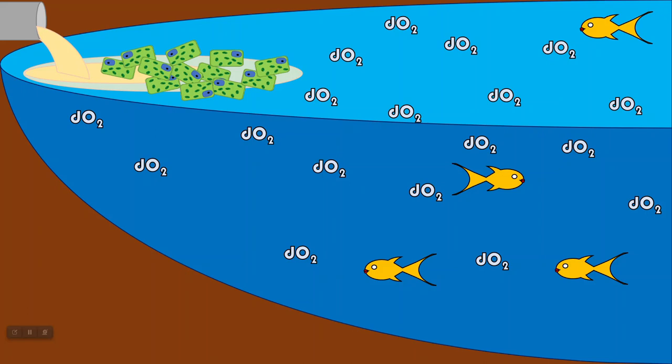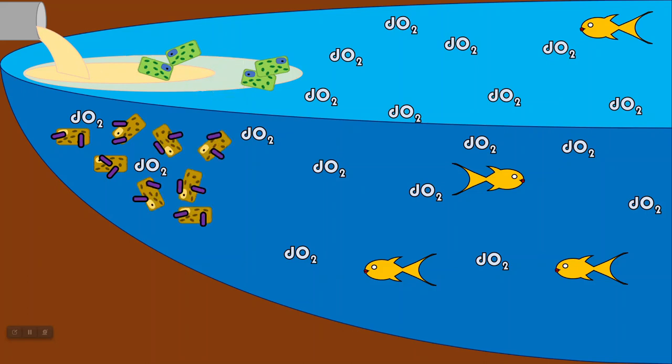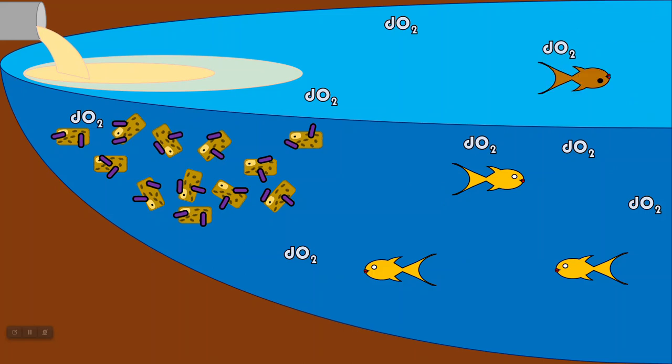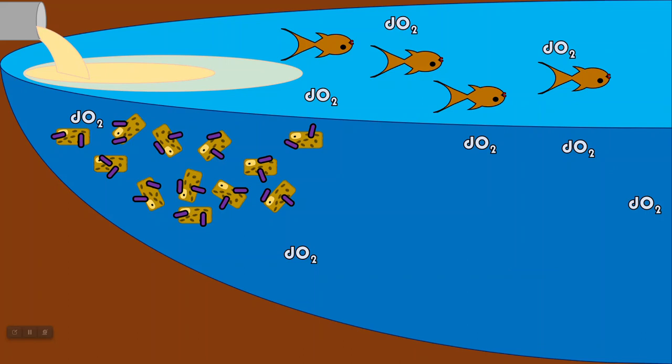Well, once the algae use up the nutrients, they start dying off. And those purple things are bacteria that are decomposing them. Now, decomposition, unfortunately, uses up oxygen. So the dissolved oxygen starts decreasing in that body of water. And then once it gets low enough, you end up having all of the local wildlife, the local animals die off, and that is going to create what's called a dead zone.